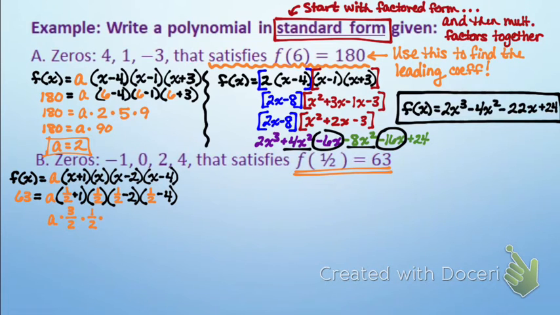Negative 3/2, yes. And then I have 1/2 minus 4. 1/2 minus 4 is negative 3.5, right? Which is what as an improper fraction? Negative 7/2, yes.